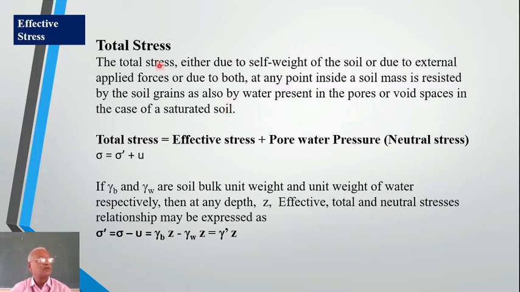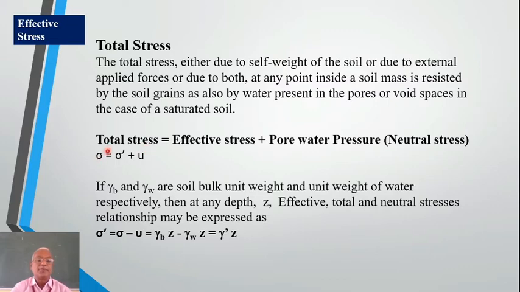Total stress, in short, is stress because of the soil as well as because of the water. Right? Total stress is because of water, because of soil. Now total stress will be effective stress, or stress because of soil particles with particle contact, plus pore water pressure, which is also known as neutral stress.